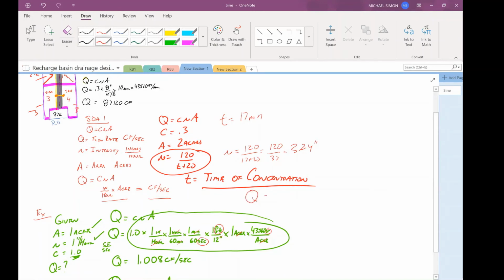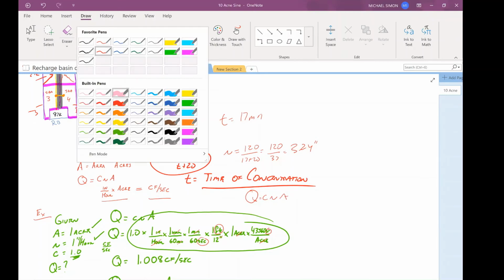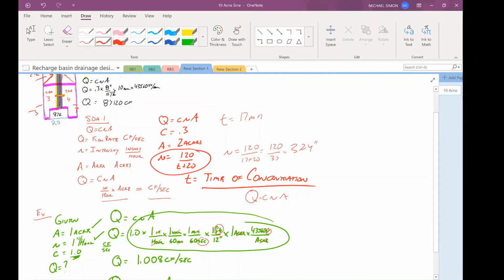Q is equal to CIA. So Q will be equal to our runoff coefficient of 0.3 times the intensity of 3.24 inches per hour times 2 acres.